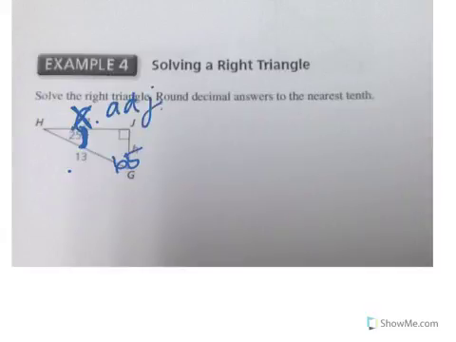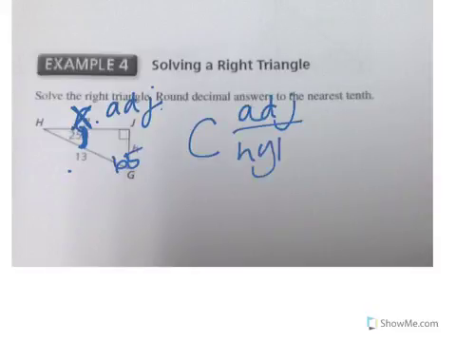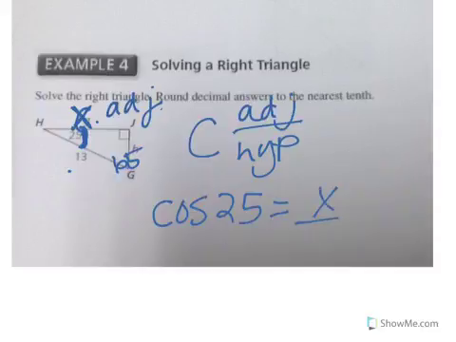I kept saying sine, but adjacent is going to be cosine, because adjacent over hypotenuse is cosine. So we're going to do the cosine of 25 degrees equals adjacent, the one we do not know, over our hypotenuse, which is 13.